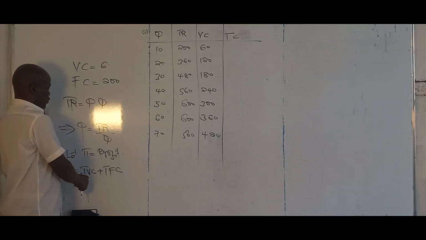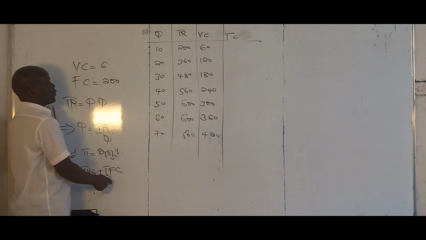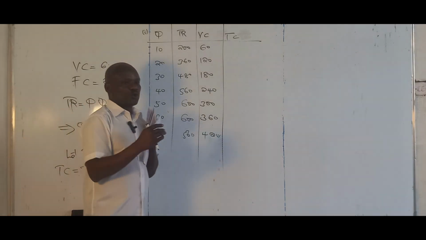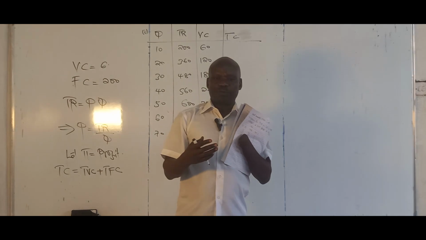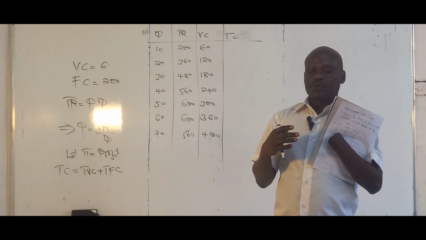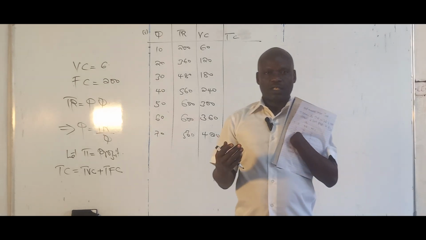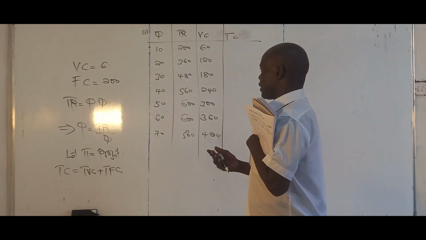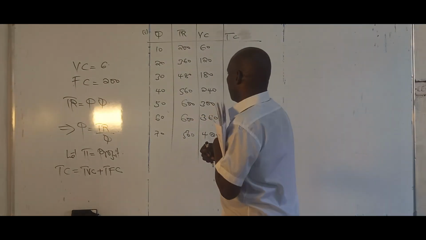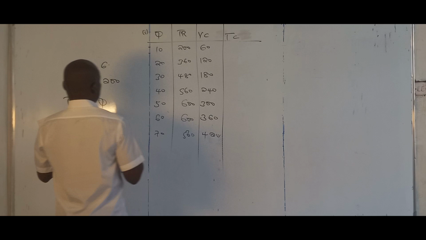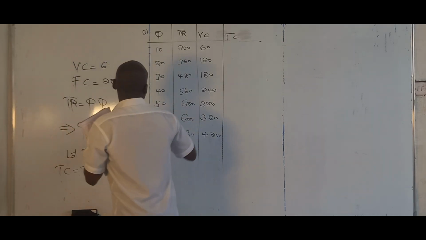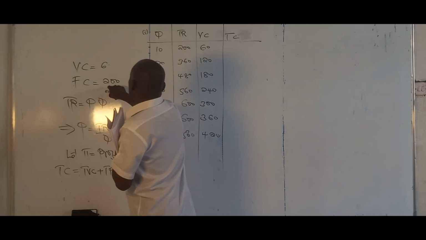But this fixed cost is a cost that is irrespective of the quantity produced. It is constant. We can give examples of, say, house rent. House rent, to some extent, may not depend on the daily output. So then total cost should be variable cost plus the cost which is fixed.